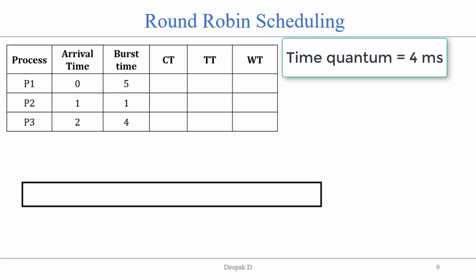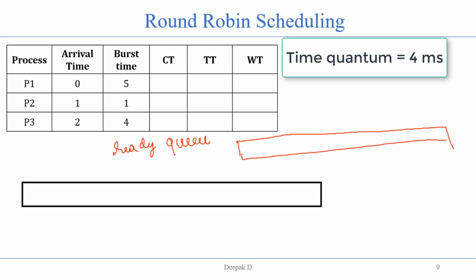That queue is called the ready queue, where you can easily understand how the processes are waiting in the queue and how they are picked up and given the CPU. So this is your ready queue and this is your Gantt chart.